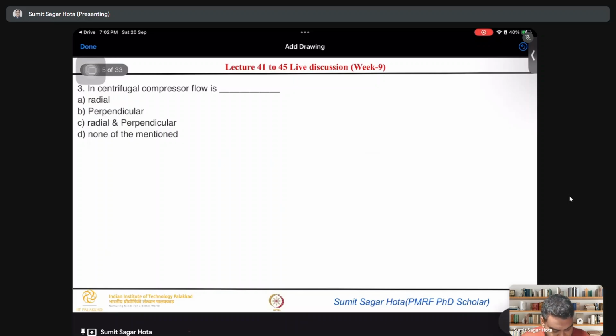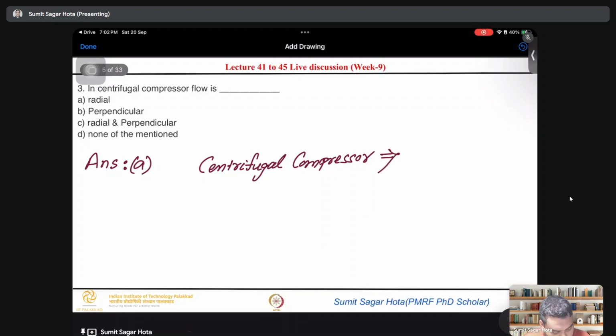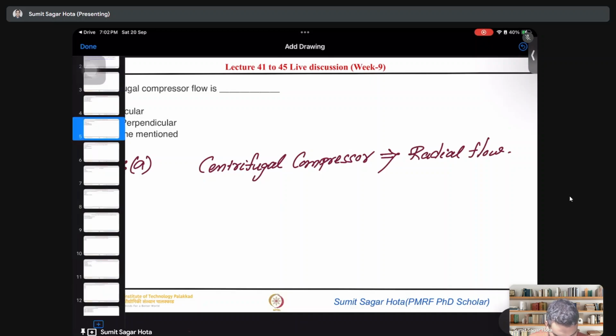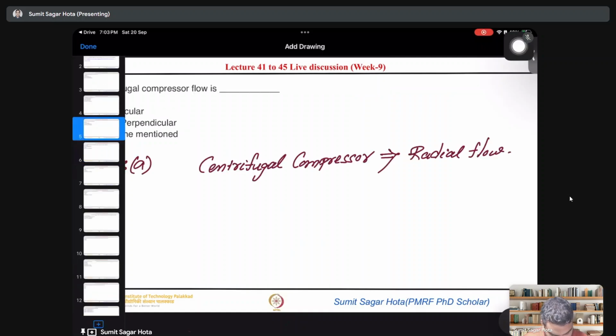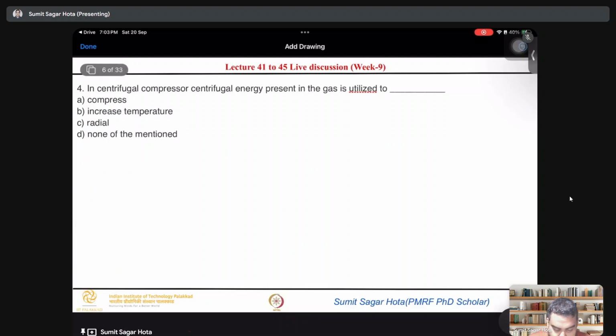Next: in a centrifugal compressor, the centrifugal energy present in the gas is utilized to dash.